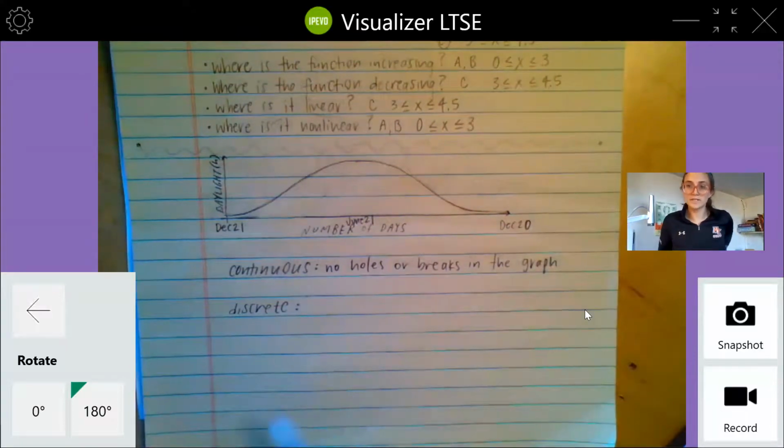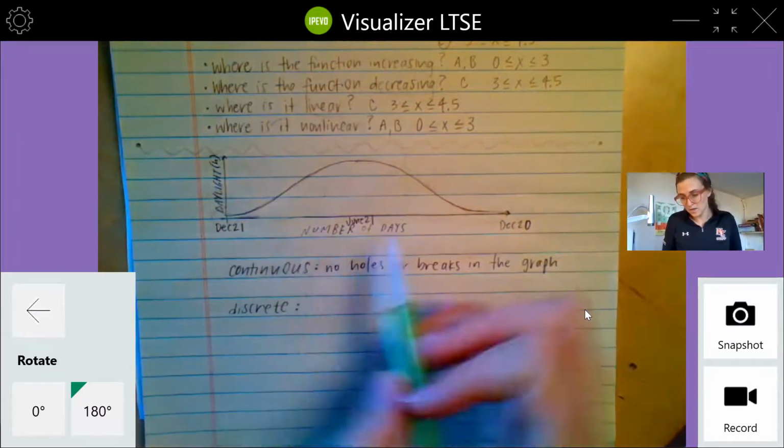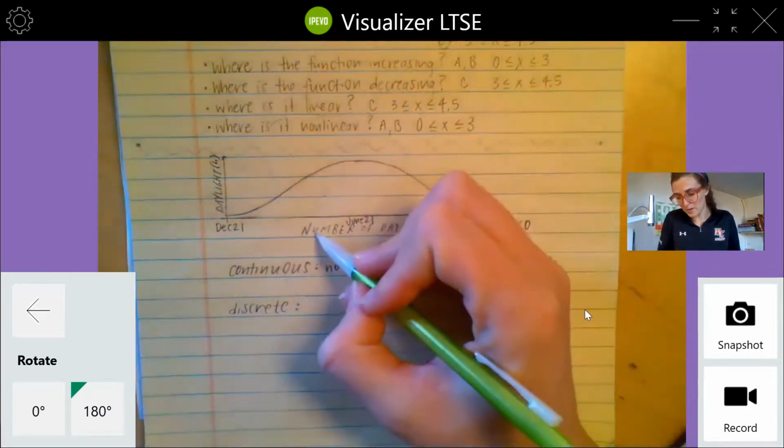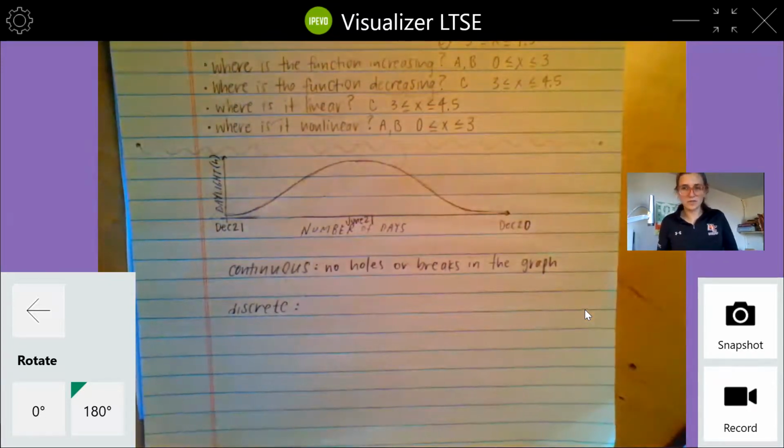All right, and then this word discrete refers to graphs that have quantities that must be whole numbers. They involve quantities that are counted or measured only in whole numbers. So in actuality, along the bottom here, we have number of days. Is there such a thing as a 38.75 day?